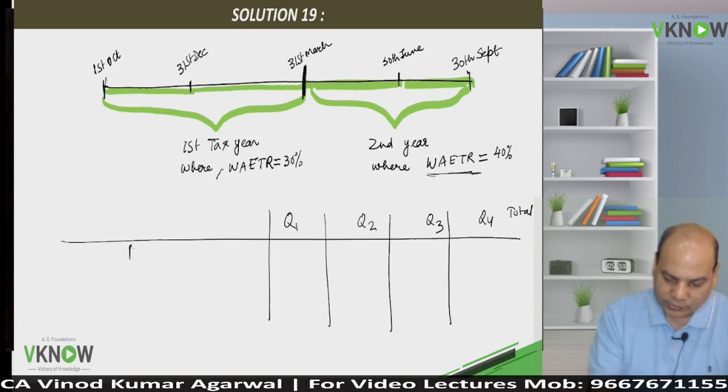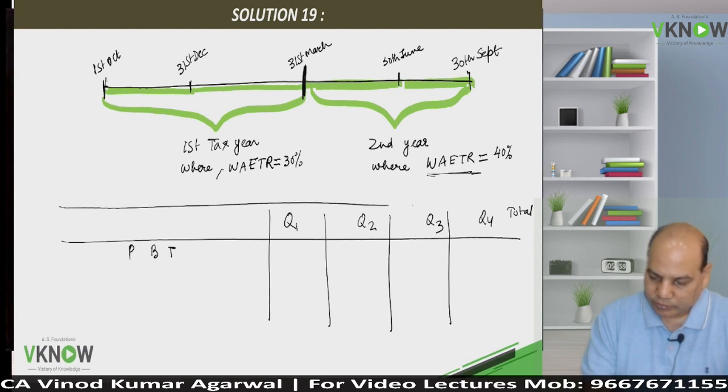Profit before tax is 100 lakhs in each quarter.